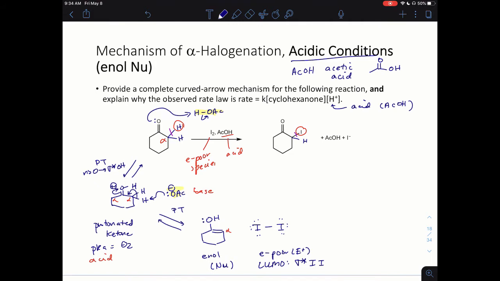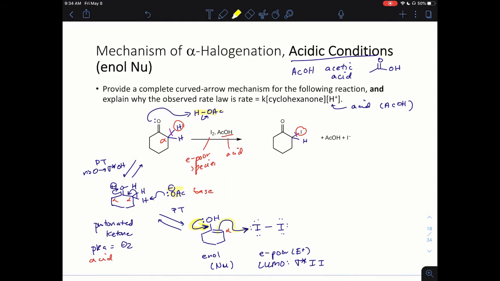So what we're going to have happen here is we're going to have the alpha carbon attack. It's attacking sigma star I-I. But when we do that, we also need to reform that nice, strong carbon-oxygen double bond. So let's go in order. Form the nice, strong, I call this a lone pair push. Form your nice, strong carbon-oxygen double bond.